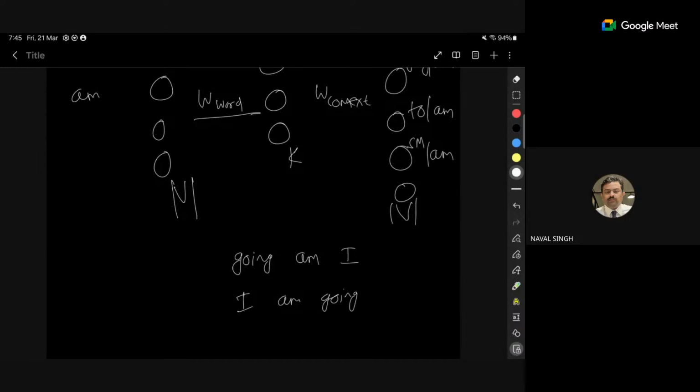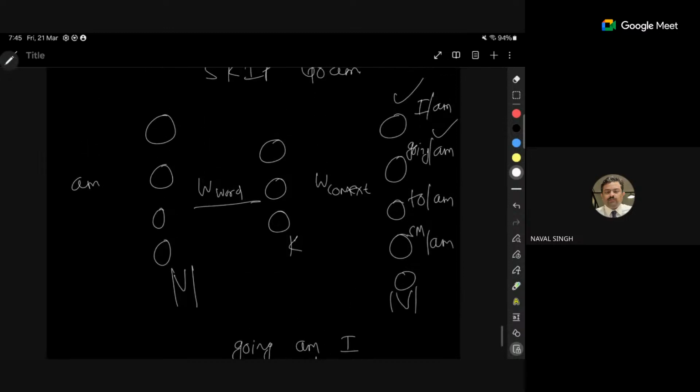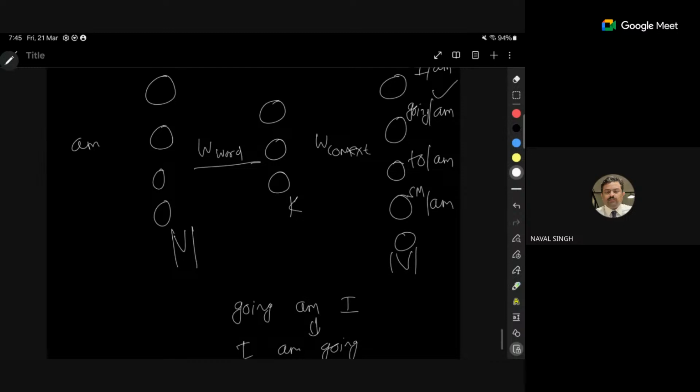This will happen eventually. That is the whole idea about backpropagation. And we'll have both the word and context, and we can use the context as the new embeddings. So the new embeddings are going to be W context, or the columns of it.